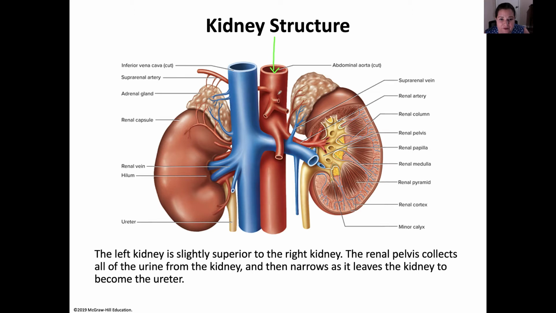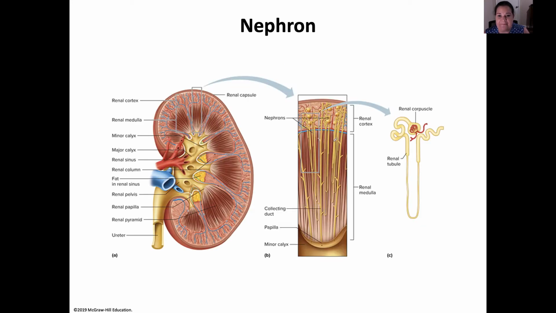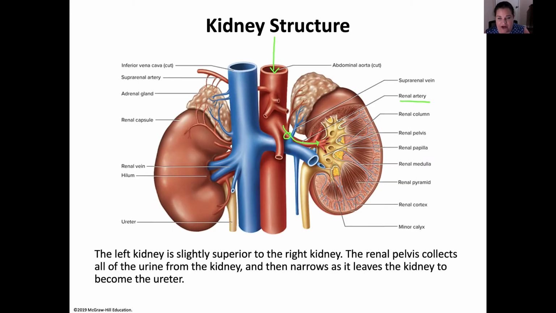From that abdominal aorta, there's a very important blood vessel called the renal artery. That renal artery supplies blood to the kidneys, and branches of that artery are what are going to be used for filtering, right? It's where blood is going to come from for filtering so that we can produce urine.